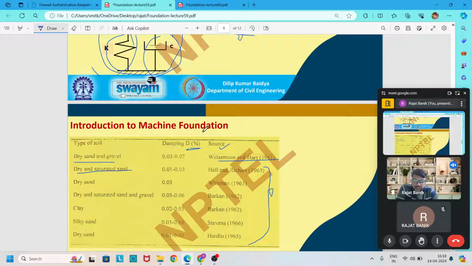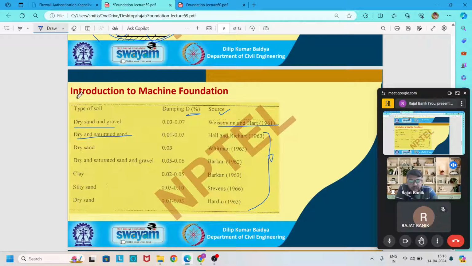For silty sand, it is in between 0.03 to 0.1. For dry sand, it is in between 0.01 to 0.03. So please go through this table when you are designing the foundation for different types of soil, to identify or measure the damping ratio for the foundation.